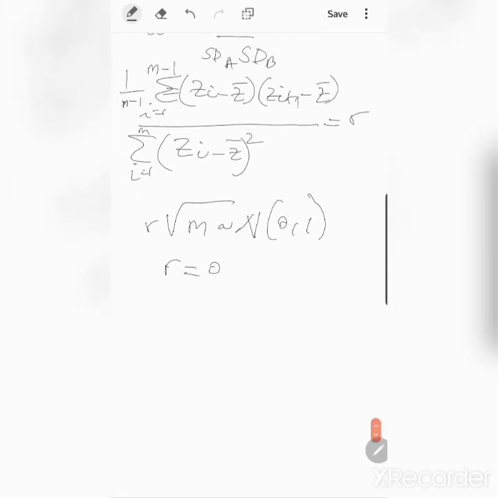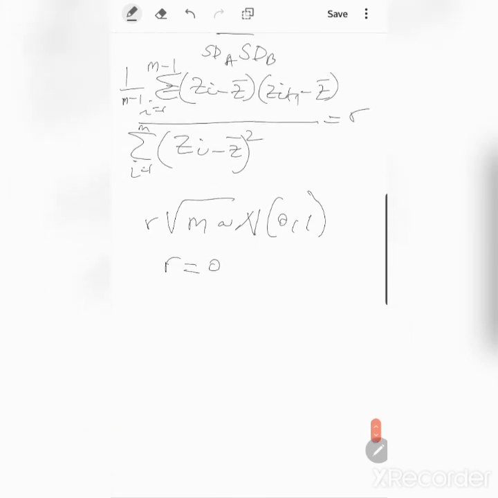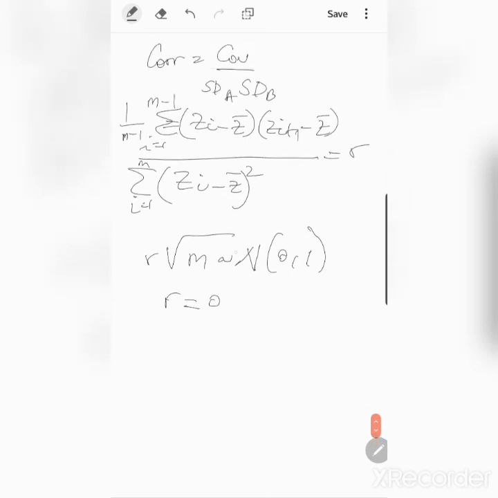But if Z is the actual correlation, because I'm saying R times the square root of M follows a normal distribution, I will take R times the square root of M, minus whatever the expected value is, which is 0, because it directly follows a standard normal distribution.